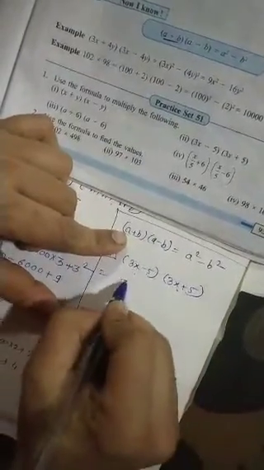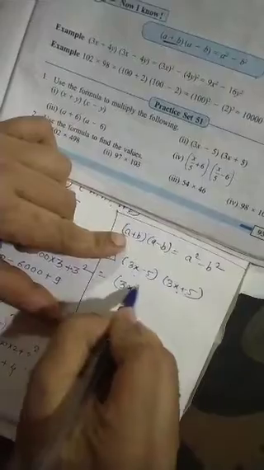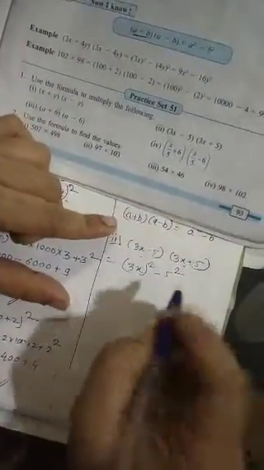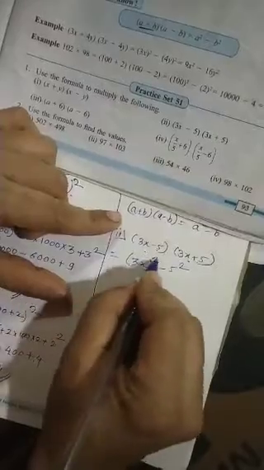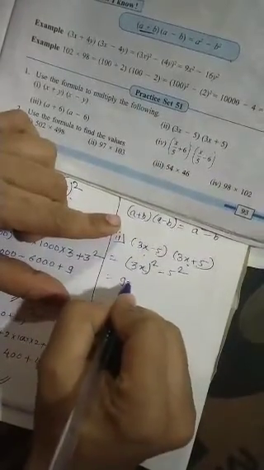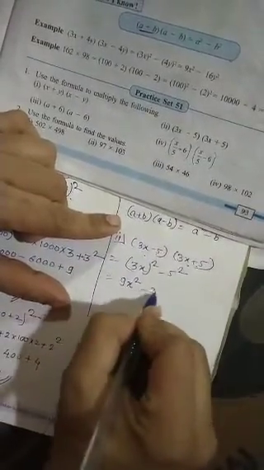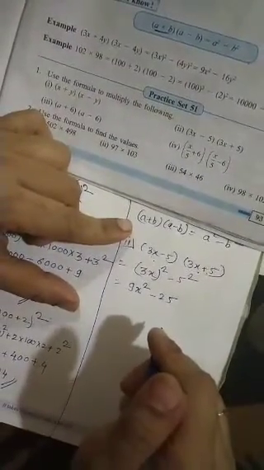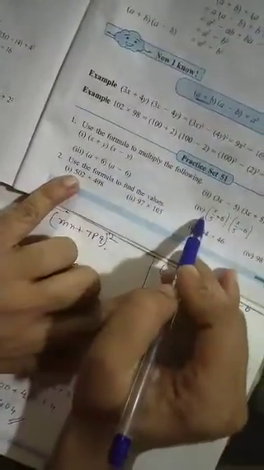Then we take first term square minus second term square. Now 3 square is 9 and x square, minus 25. Now this is your answer. Is it clear? Similarly, the third and the fourth one are your homework.